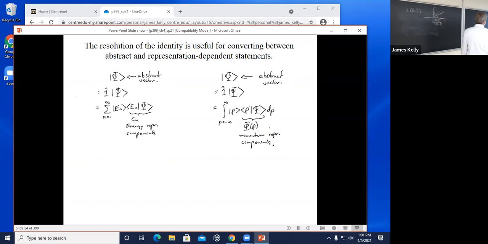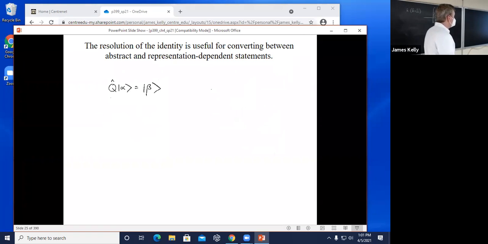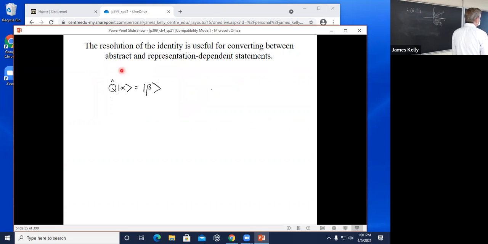That's one reason the resolution of the identity is kind of useful, even though on the surface it does nothing. It also explains very quickly how to calculate components of an operator. When we're using the resolution of the identity, we tend to start out with an abstract description of something, and then change it into the same description in a given representation. So for example, here we're saying Q turns some vector alpha into some vector beta.